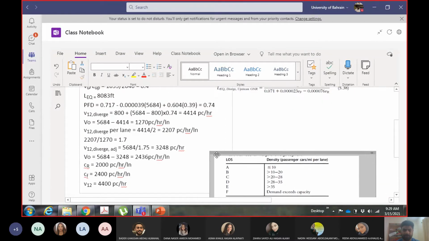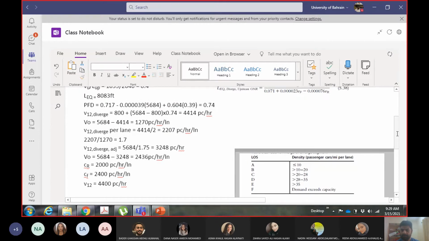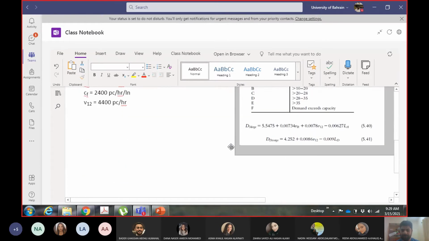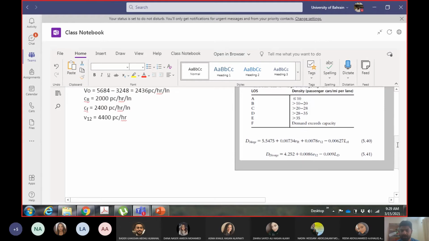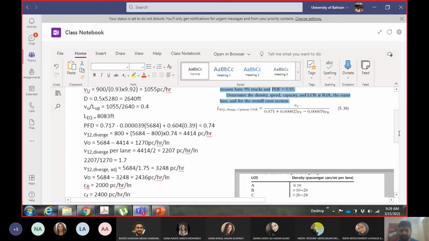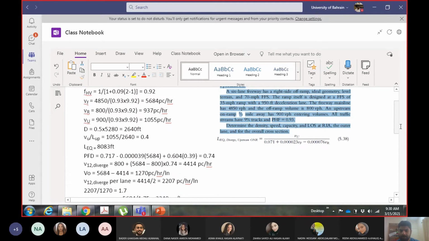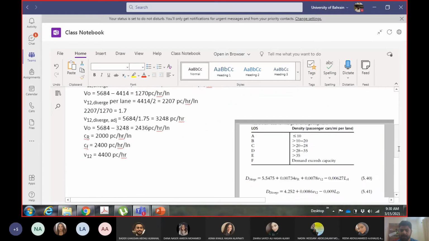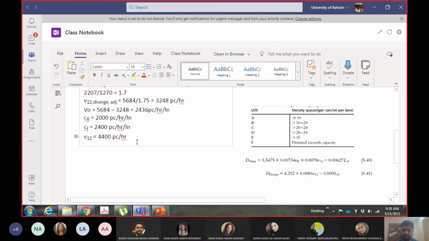You have the equation for density here. So give me the density of the diverge area. V12 is what you calculated in the end, the last value, the adjusted value, 3248. And LD is the length of the deceleration lane. Length of the deceleration lane is given here as 950 feet.